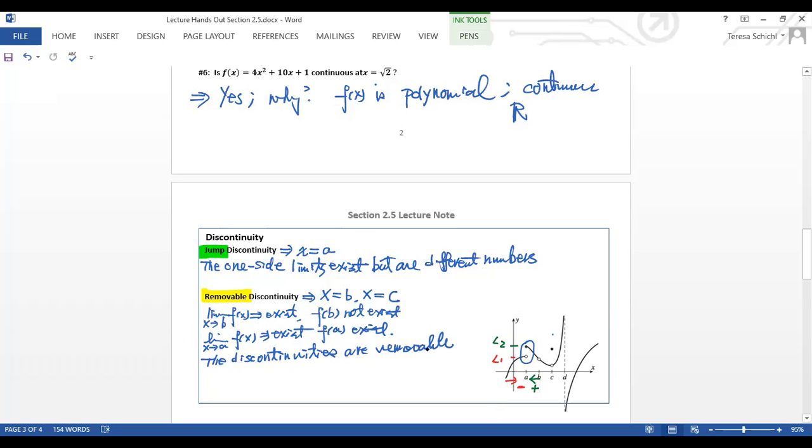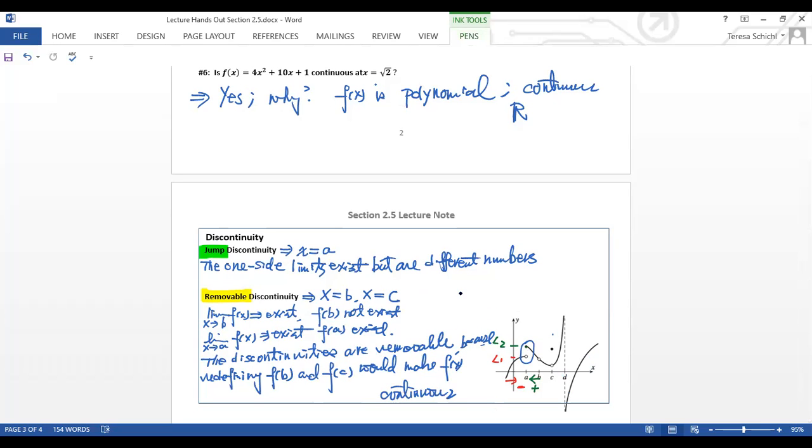Why? It's because redefining f of b and f of c would make f of x continuous. From this function, f of b does not even exist.